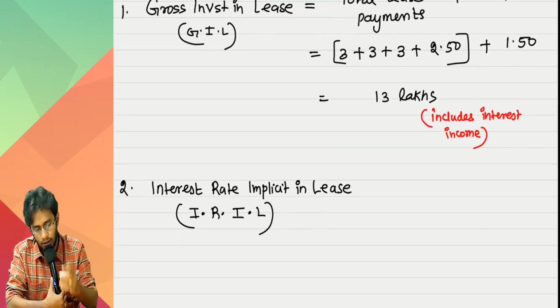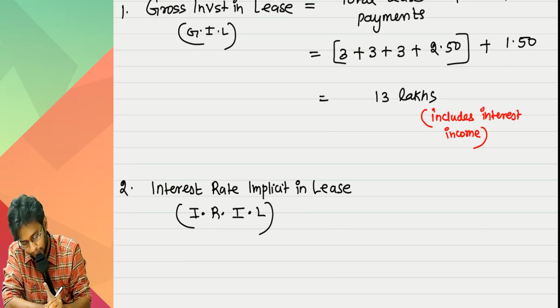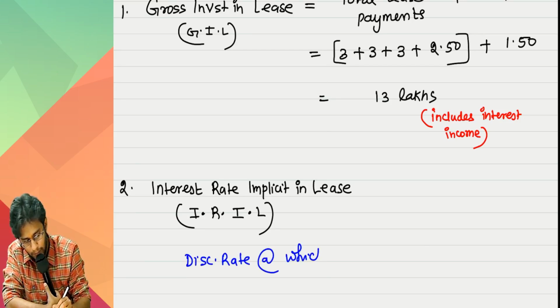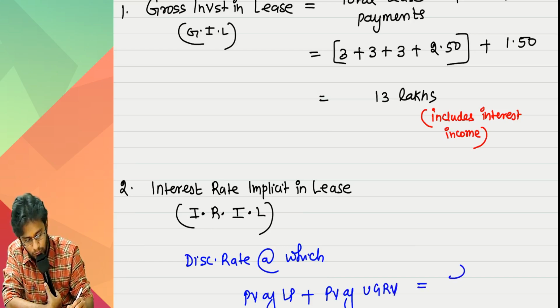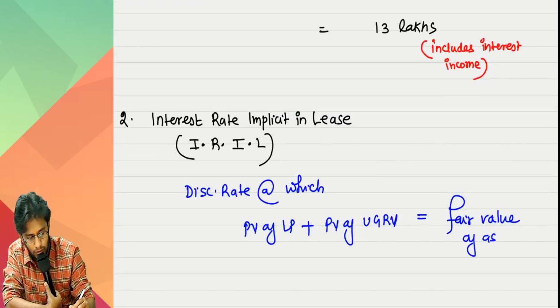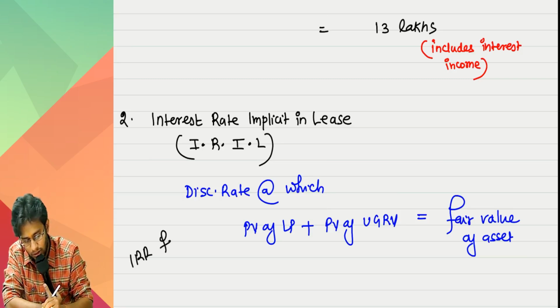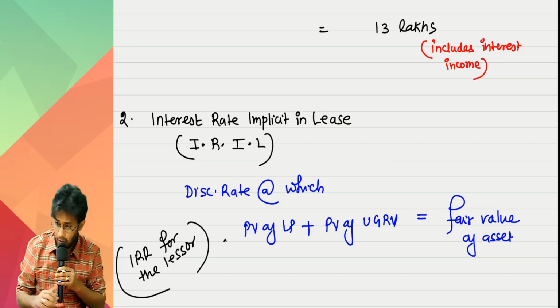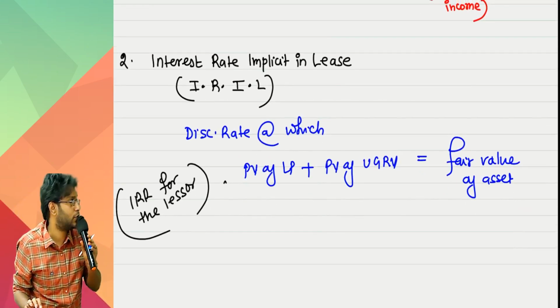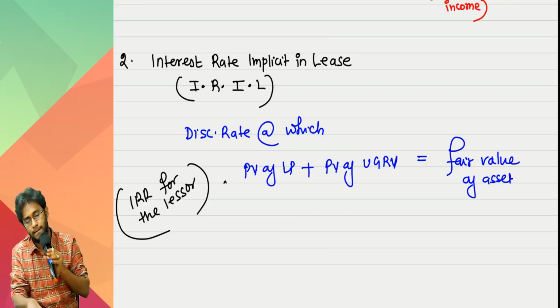That's all IRIL is. So IRIL is nothing but the discounting rate at which PV of LP plus PV of UGRV will be equal to the fair value of the asset. This is nothing but the IRR for the lessor. What return he is earning in percentage terms, that is your IRIL.